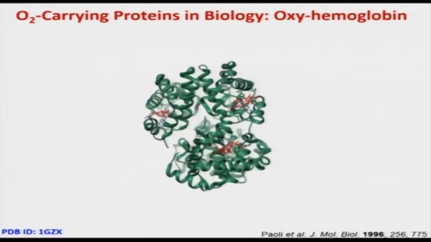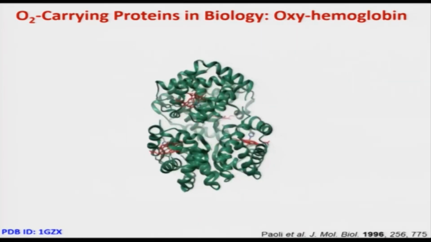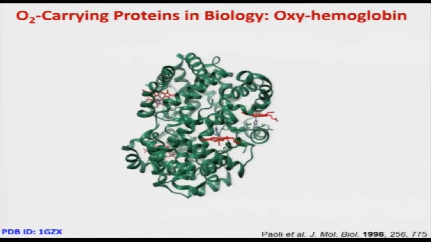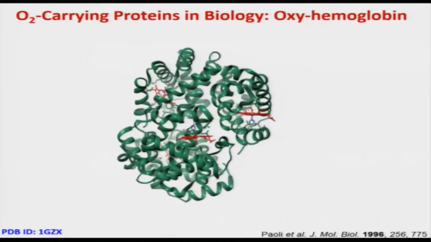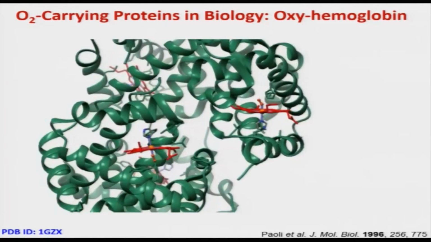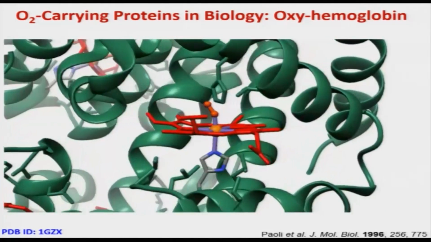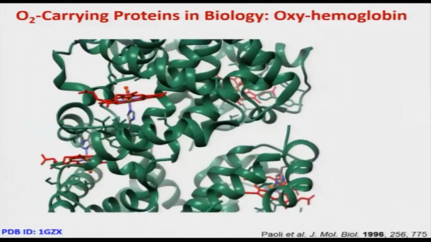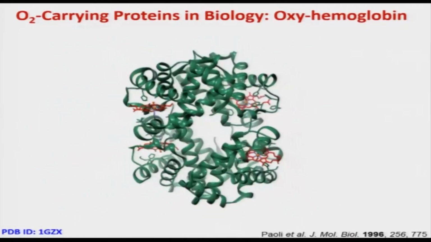Similarly, the X-ray structure of oxyhemoglobin is shown over here. As one can see, all four heme centers, or iron centers, also bind dioxygen in an angular fashion, and once I remove this protein, you can see the heme centers.